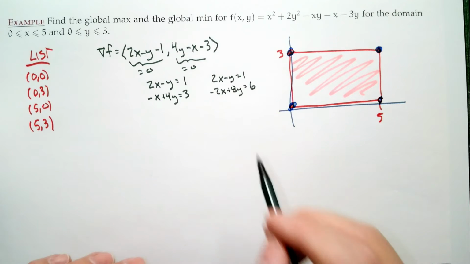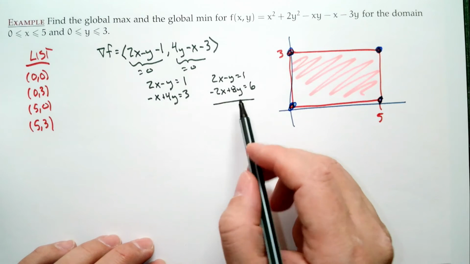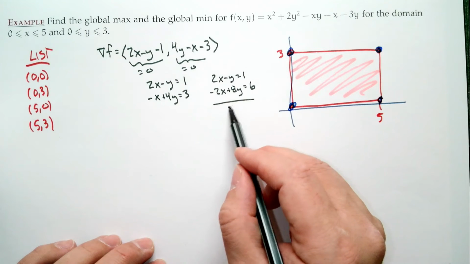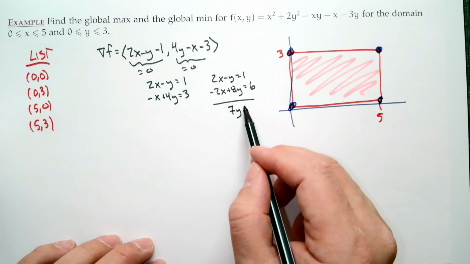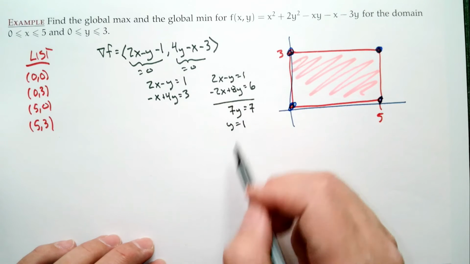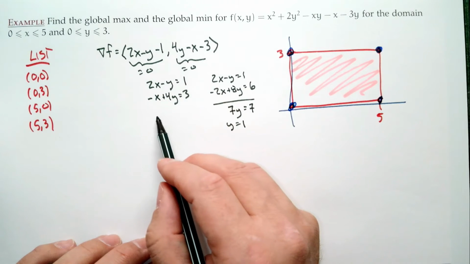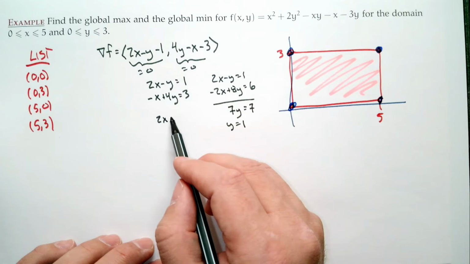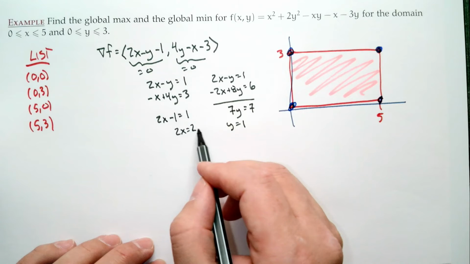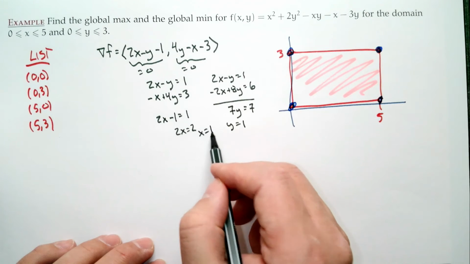And now if I were to add these two together, we would end up getting that the 2x and minus 2x cancel, and then 8y and minus y is 7y, and 6 plus 1 equals 7, which says that y had better equal 1. But we also know that 2x minus y, so minus 1 equals 1. So 2x had better be 2, which says that x equals 1.